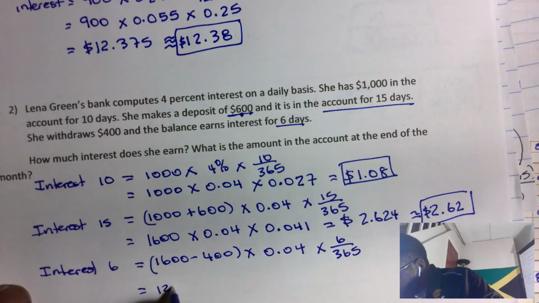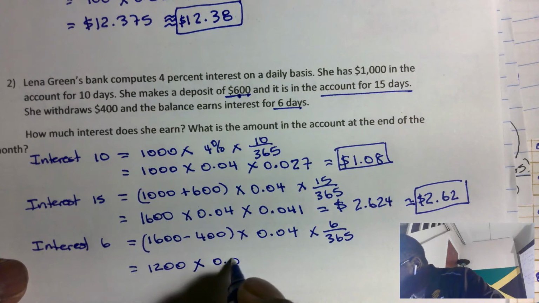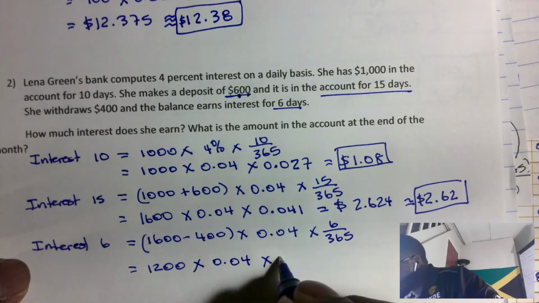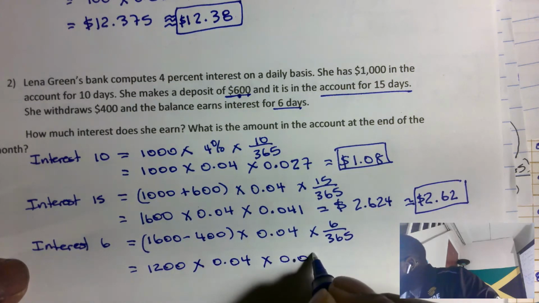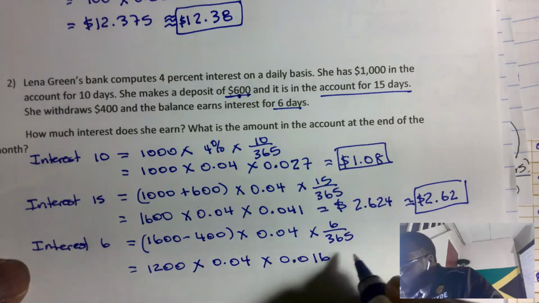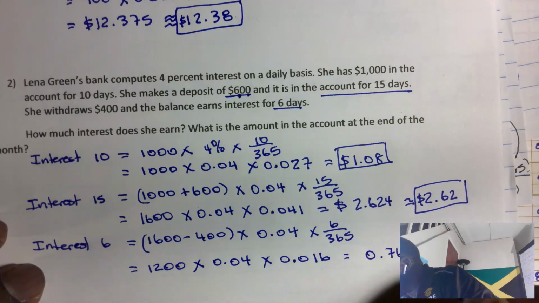So this is 1,200 times 0.04 times 6 divided by 365, which is equal to 0.016. So I have 1,200 times 0.04 times 0.016, and this is going to give me 0.768, which is 0.77.